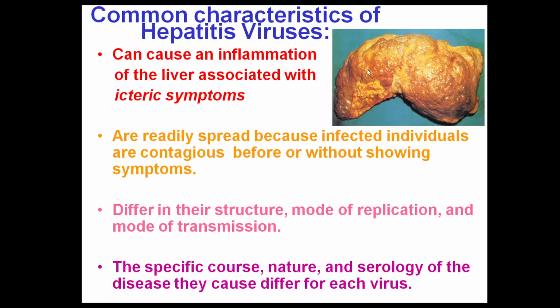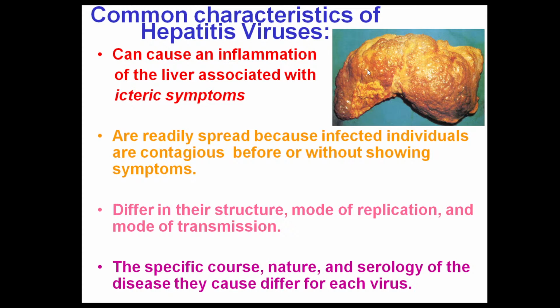Those hepatitis viruses have some common features. They cause an inflammatory response in the liver associated with icteric symptoms. I hope you know already that icteric symptoms means the development of so-called jaundice, and you can see the liver from a case of hepatitis infection.